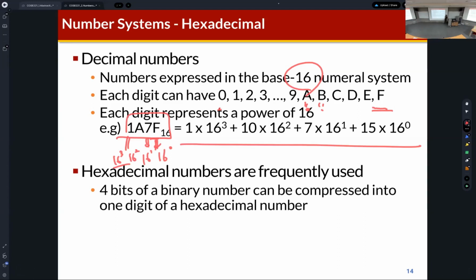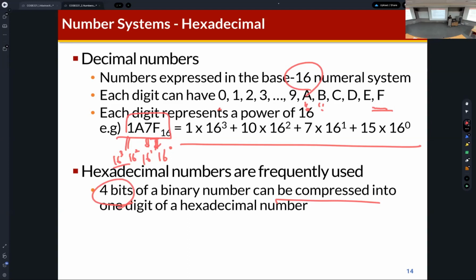Then why do we use hexadecimal numbers frequently in the digital system, or in programming also? It is because 4 bits of a binary number can be compressed into 1 digit of a hexadecimal number.